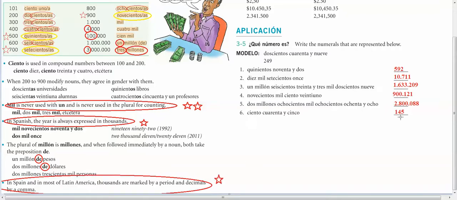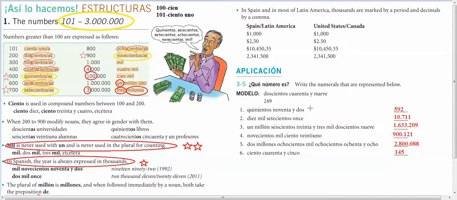That's why I have decimal points over here for my large numbers. So in Spain, 1,000 is 1.000. For us, it's with a comma, and they do the reverse. $2.50 would be 2,50.